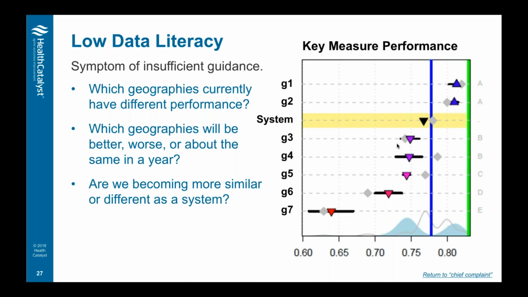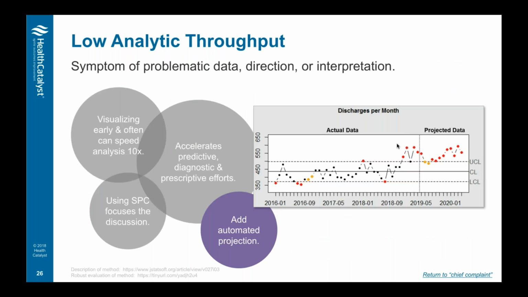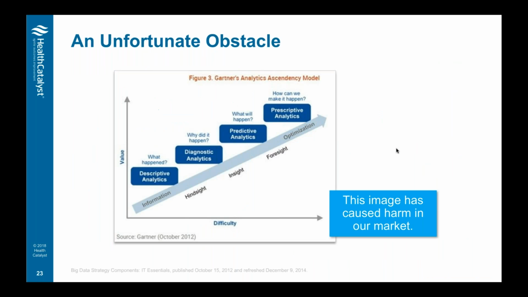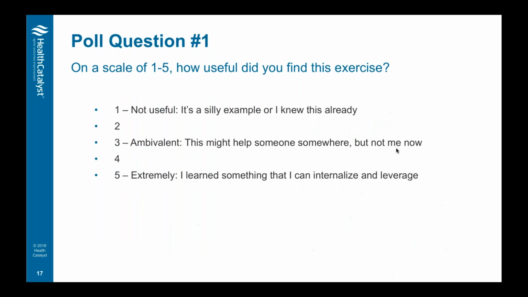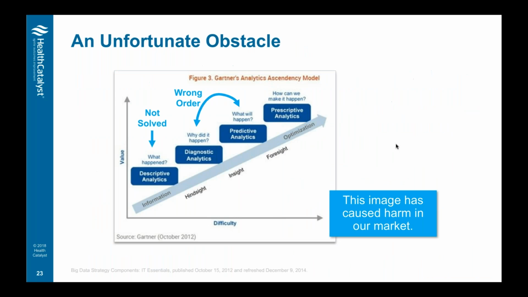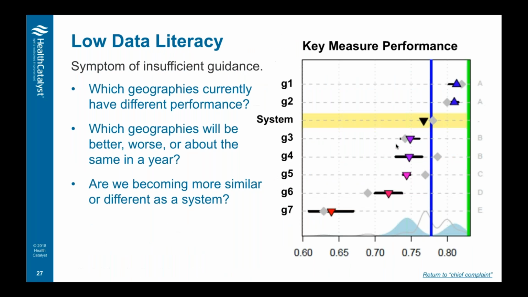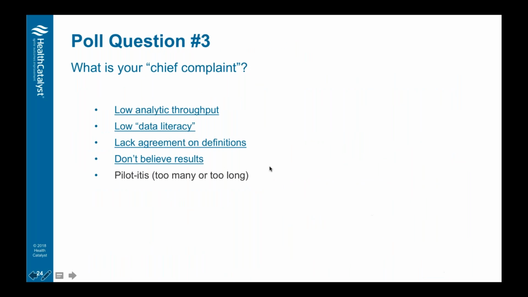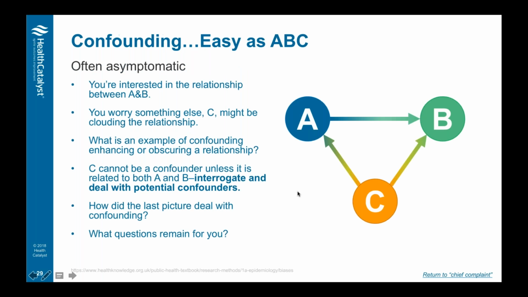So if we go to the example that we were looking at here, let me go back to chief complaint. Okay, don't believe the results. So let's say we had something like IQ really was driving a readmission rate, and we had measured IQ.